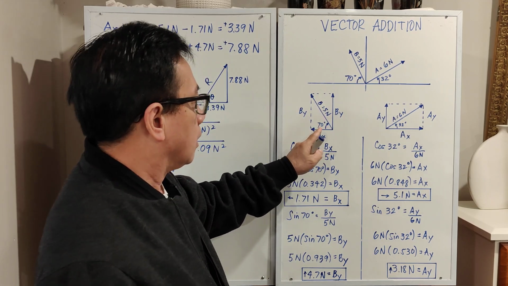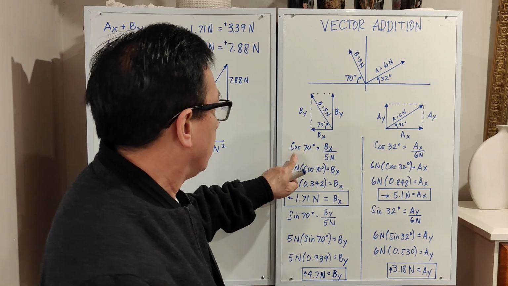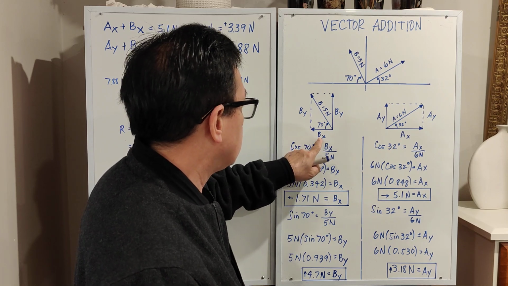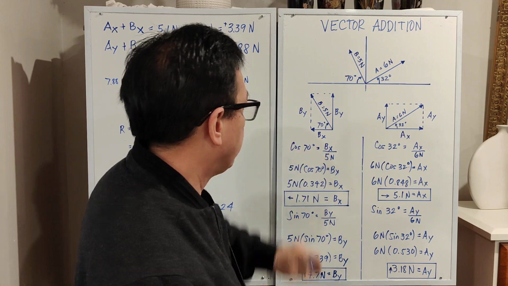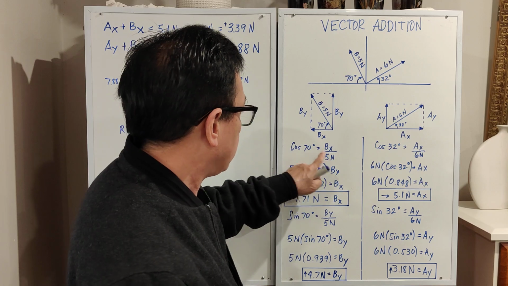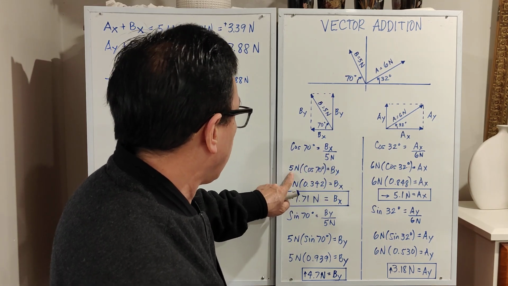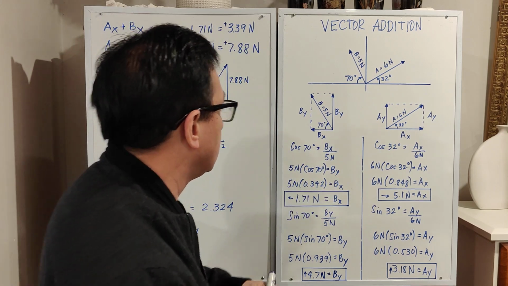So the trigonometric function we need is cosine. Cosine of 70 degrees is equal to the adjacent, which is Bx, over the hypotenuse, which is 5 newtons. Multiplying 5 newtons on both sides, we have 5 newtons times cosine 70 is equal to Bx.